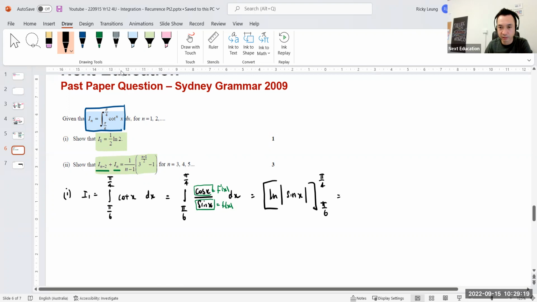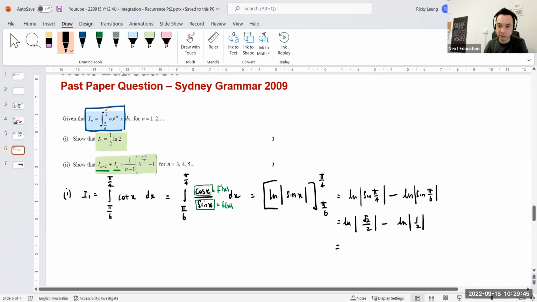Now what's that? ln sine pi on 4 minus ln sine pi on 6. ln root 2 on 2 minus ln half.